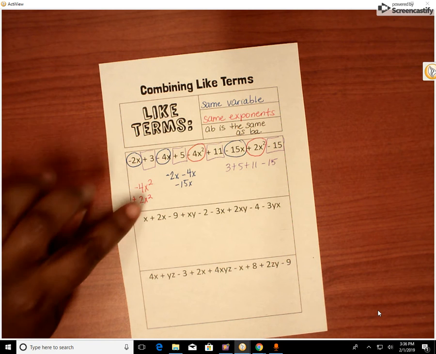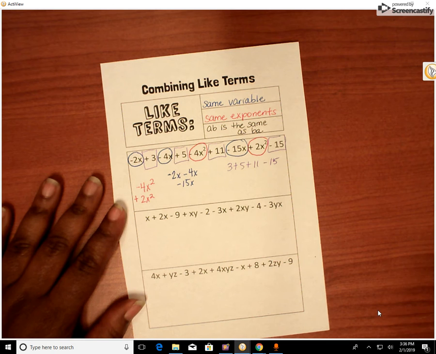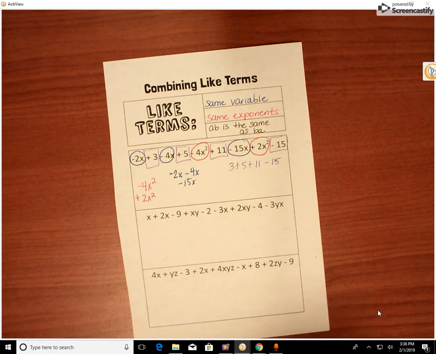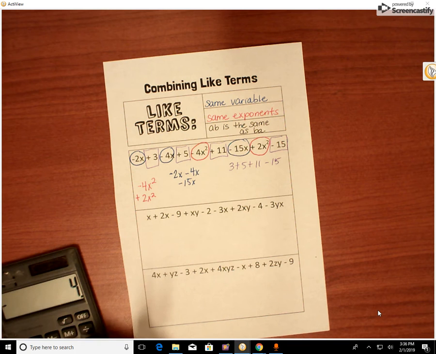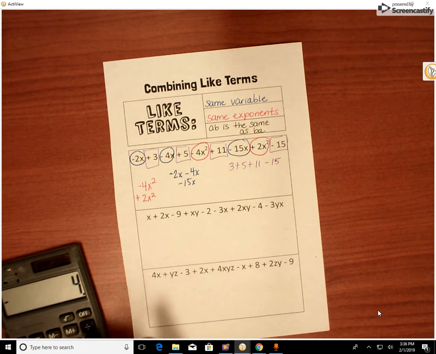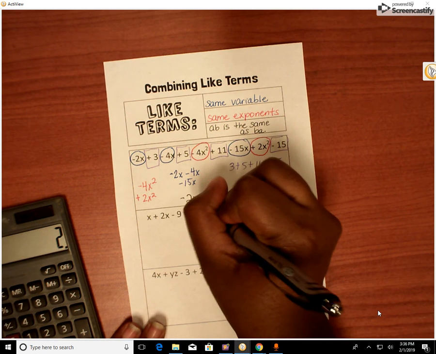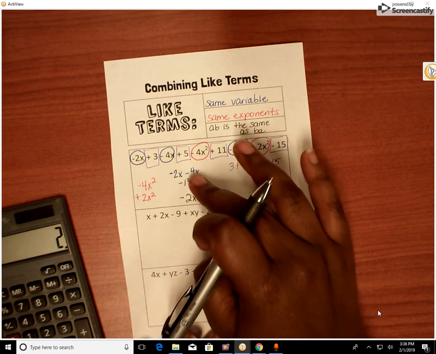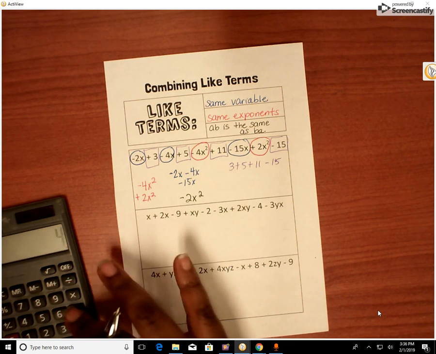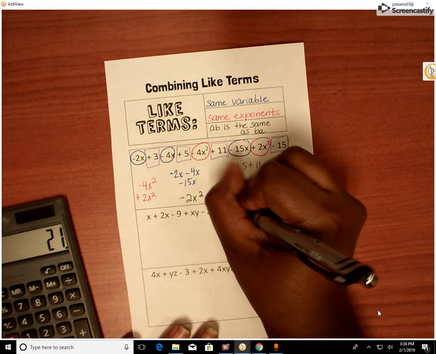Now, we need to take care of our squares first. So here we have negative 4 plus 2, and negative 4 plus 2 will give us a negative 2 again. So negative 2x squared. So we're going to do negative 2 minus 4 minus 15, and that gives us a negative 21x.